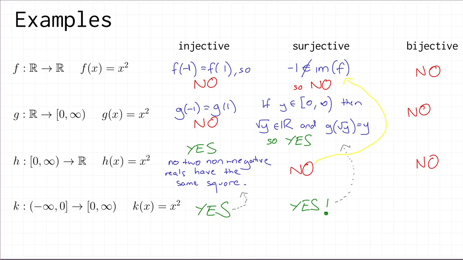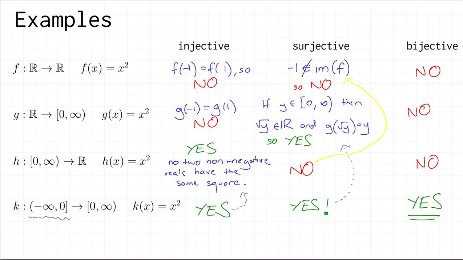So if you've got a non-negative real number y, an element of the codomain of k, then minus the square root of y is an element of the domain, and k sends minus the square root of y to y. So every element of the codomain is actually in the image, and that means this is surjective. Okay, so this one is injective and surjective, and therefore it is bijective.